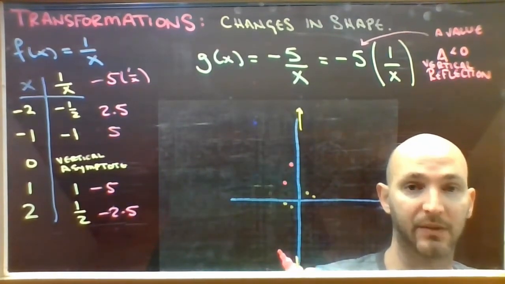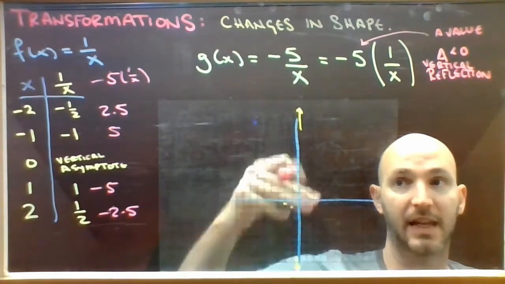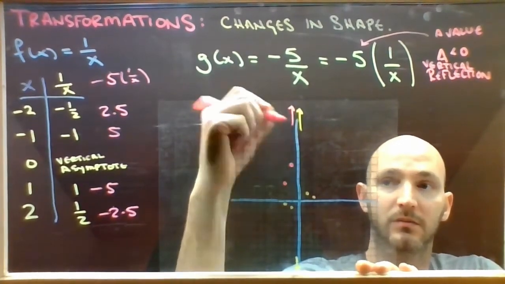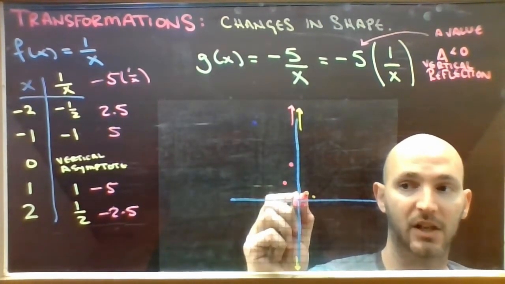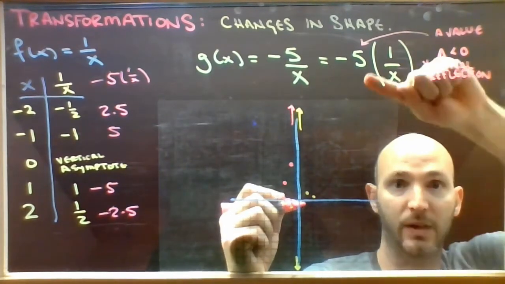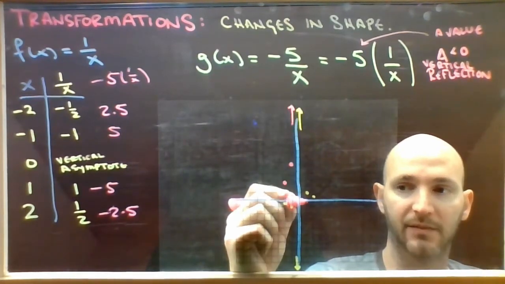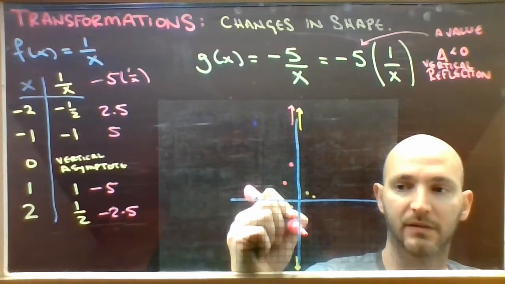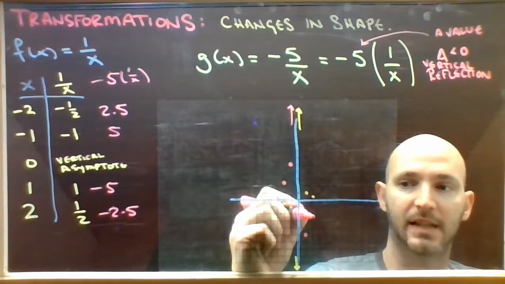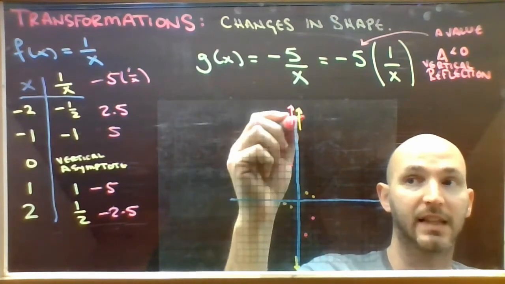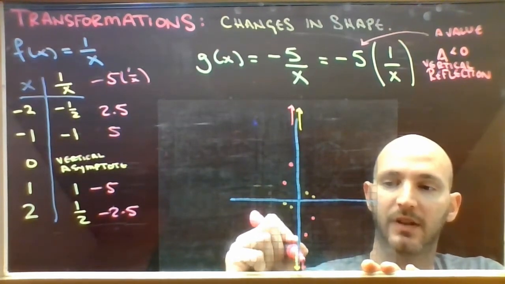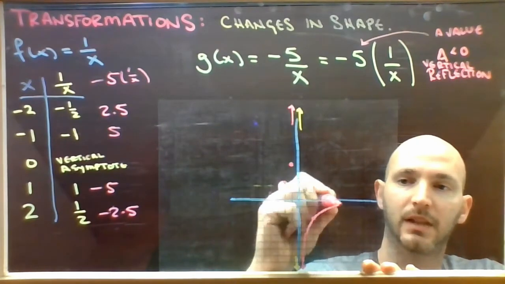This asymptote down here used to head downwards, but then is reflected. So it is heading upwards. This dot used to be 1 above, reflect it, it's 1 below, and then quintuple its distance. Instead of 1, we're 5. 1, 2, 3, 4, 5. This one, reflected, and then quintupled, ends at 2.5. And this vertical asymptote ends up down here instead, giving us a function that looks like this.